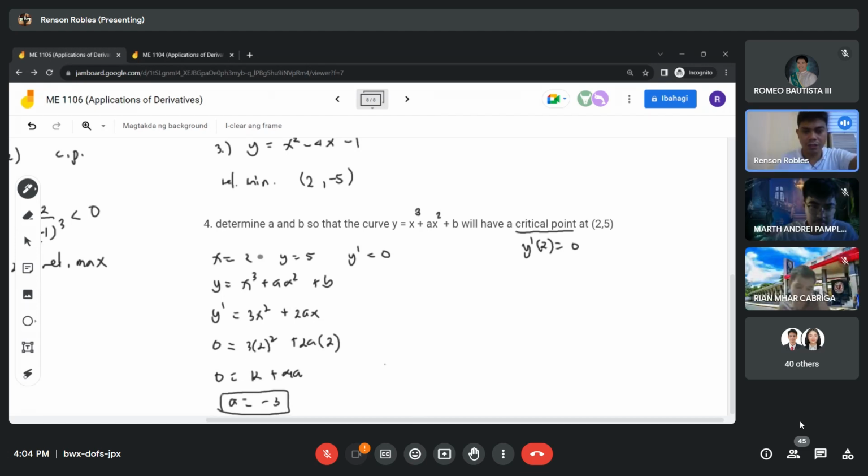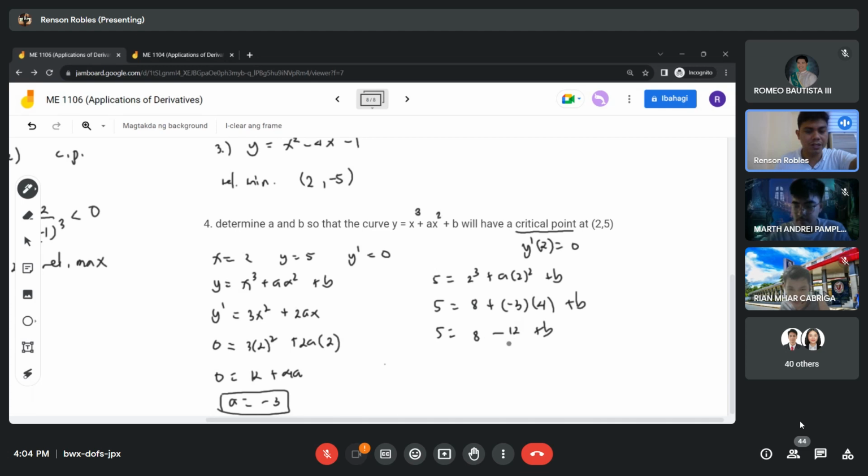And then when x is 2, y is 5. So you have 5 equals x cubed, so that's 2 cubed plus a times 2 squared plus b. Then 5 equals 8 plus a, where a is negative 3, times 2 squared, that's 4, plus b. And then you add them all. You have 5 equals 8 minus 12 plus b. You know that 8 minus 12 is negative 4. And then you transpose it to the other side, that will become 9. B equals 9.